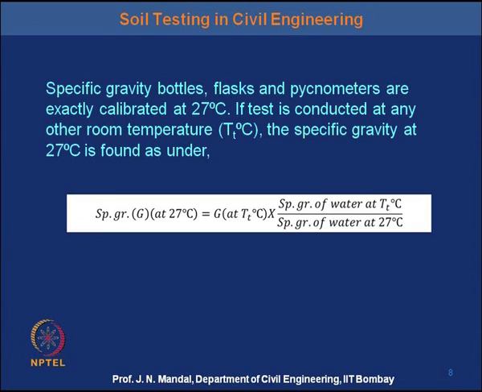Specific gravity G at 20 degree centigrade is equal to G at T1 degree centigrade into specific gravity of the water at T1 degree centigrade divided by specific gravity of the water at 20 degree centigrade.